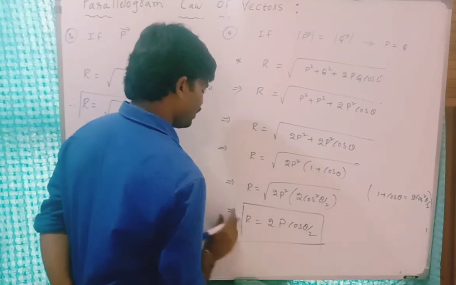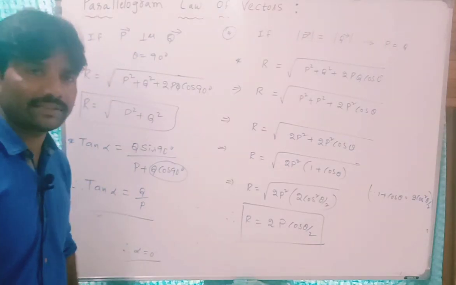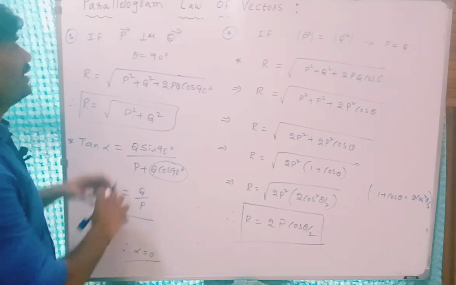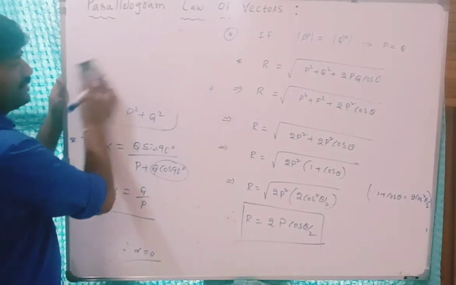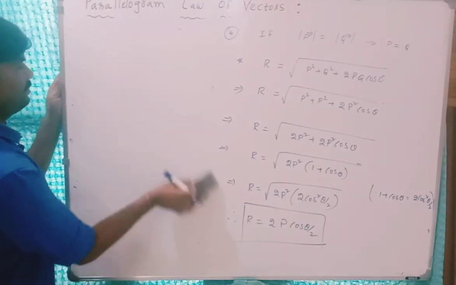This is the formula for the magnitude of two equal vectors, two vectors with the same magnitude. And now the direction for these two vectors with the same magnitude.